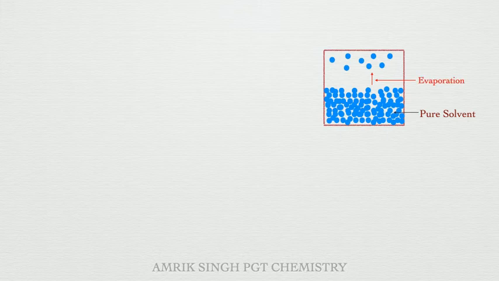The molecules in the vapor state may come into the liquid state and join the solvent, and this process is known as condensation. If the rate of condensation becomes equal to the rate of evaporation, then equilibrium is attained.